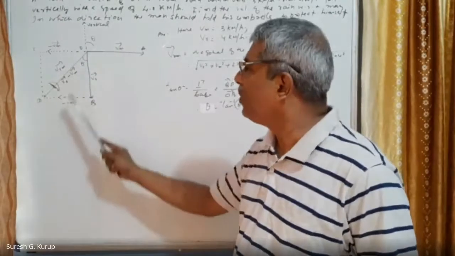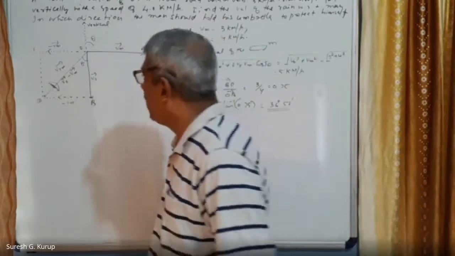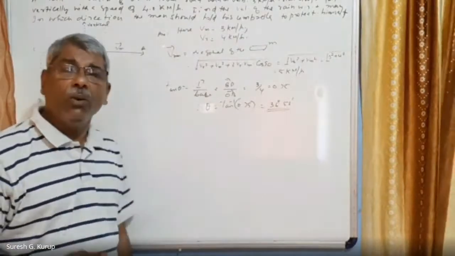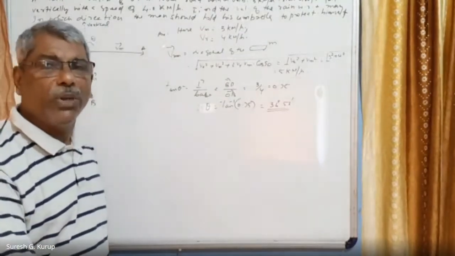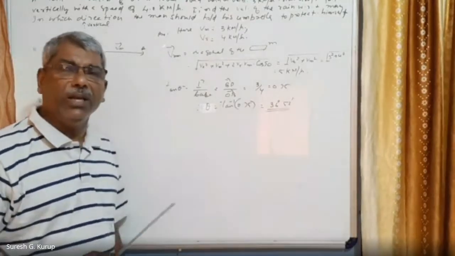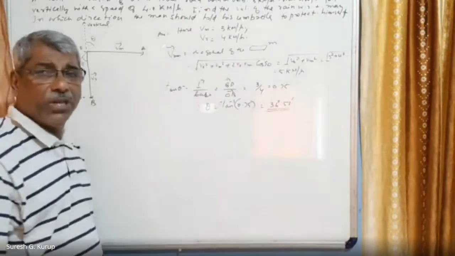The relative velocity of the rain with respect to the man is calculated. It's a very simple calculation. Here I tell you that we are using the parallelogram law of addition of vectors. That is why the vectors were taught first, and then we started linear motion. Right? Okay.